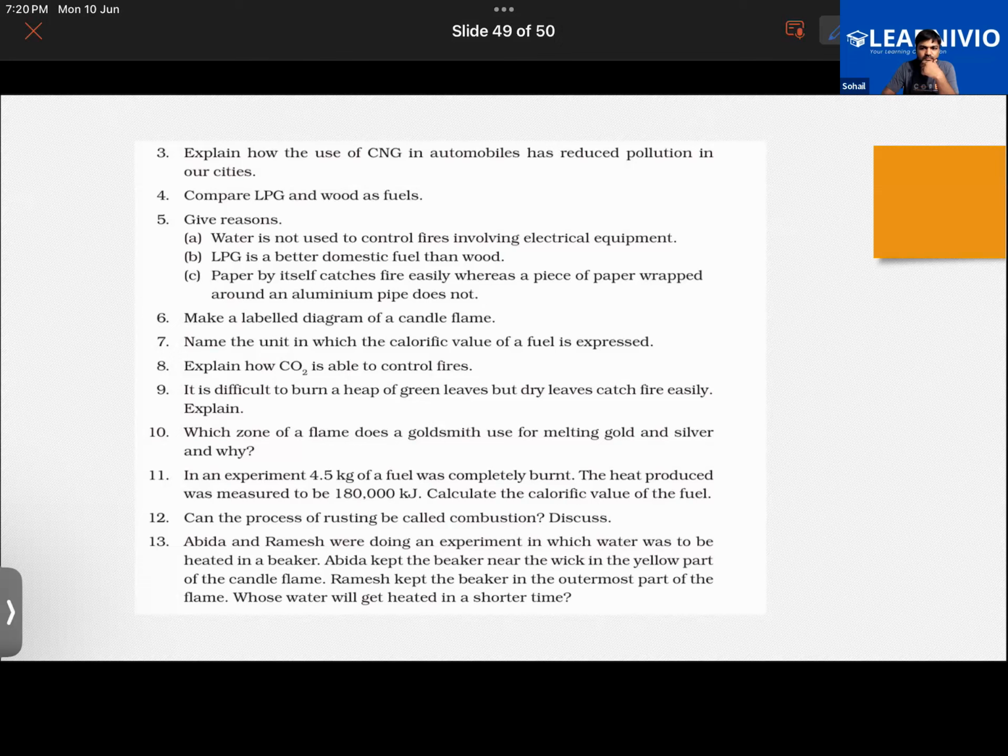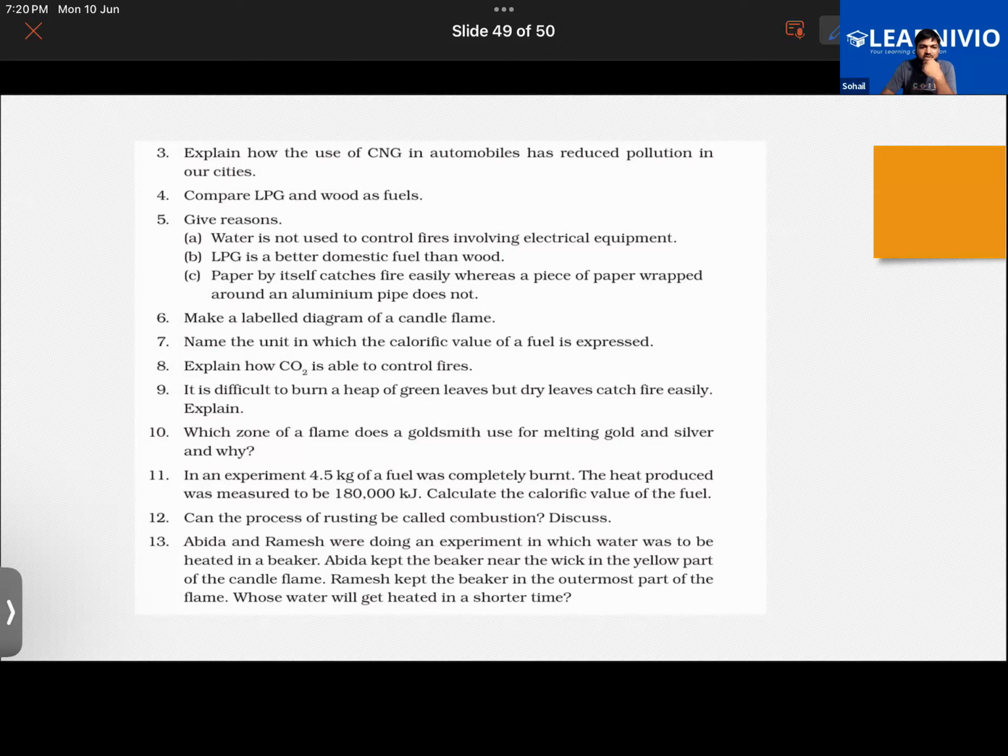That is, cut out the oxygen near the fire and put a fire extinguisher, or if it is a fire in a wooden table, we can put water. Okay.